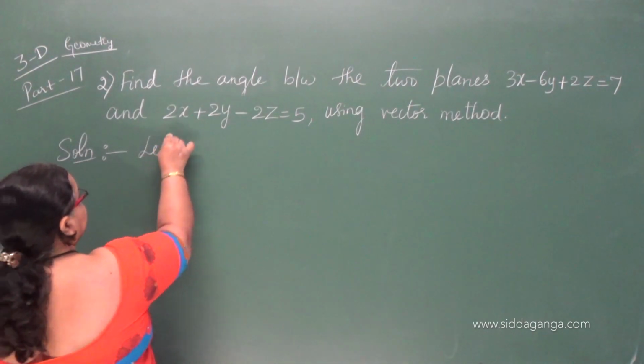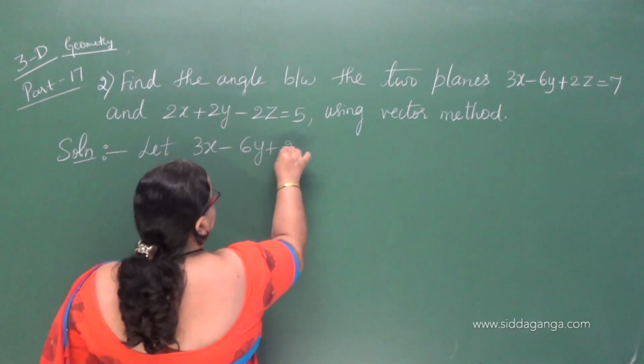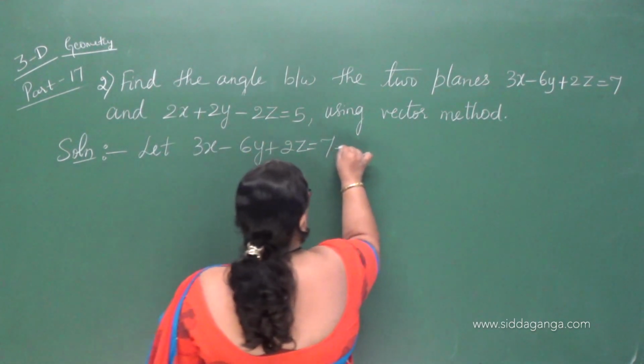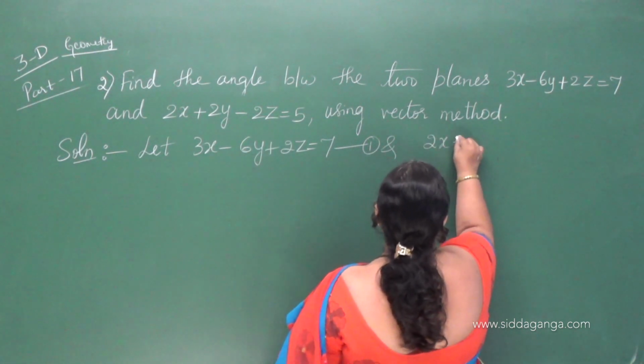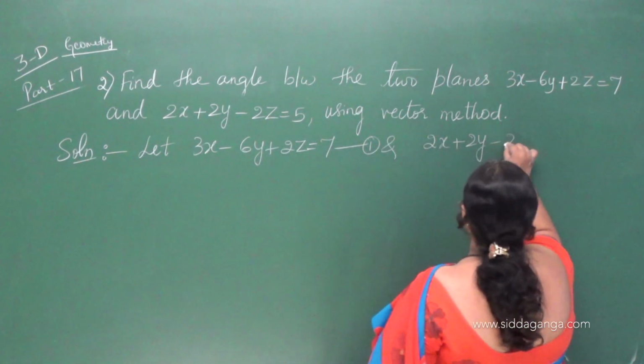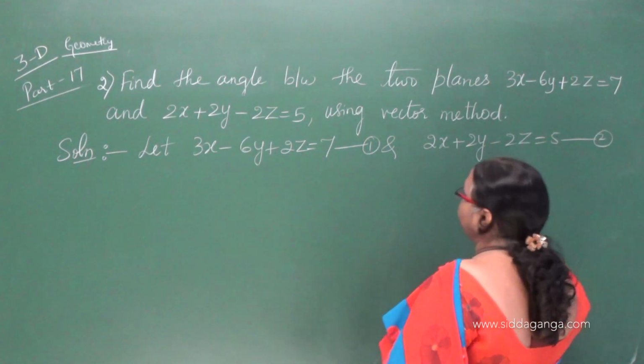So 3x minus 6y plus 2z equal to 7, equation 1, and the second plane is 2x plus 2y minus 2z equal to 5, equation 2.